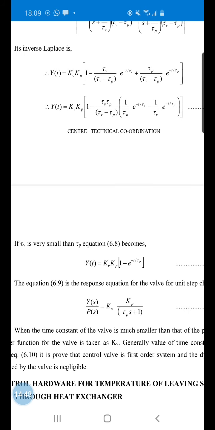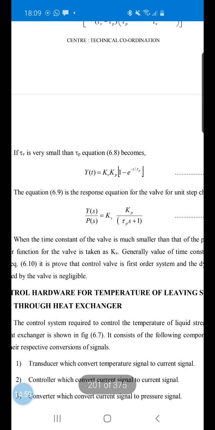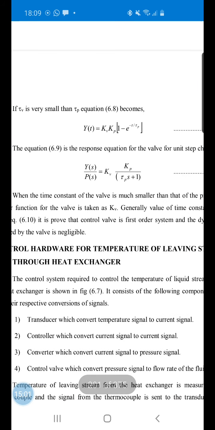So that term vanishes and you get the equation kv kp into 1 minus e raised to minus t by tau p.